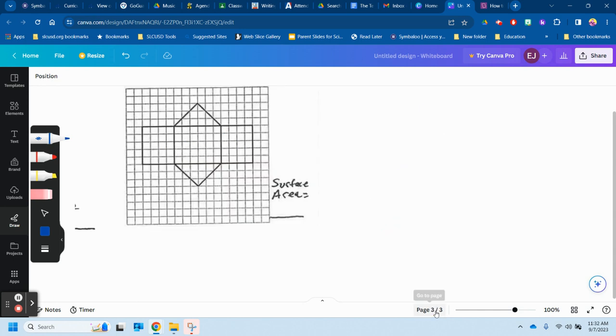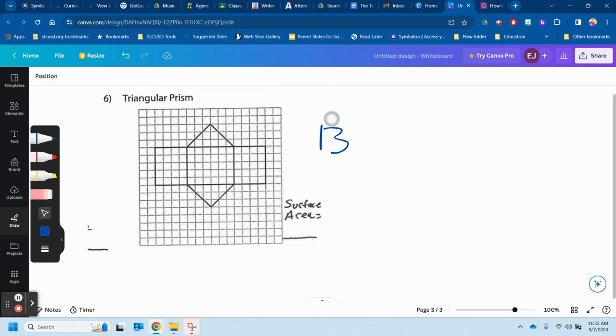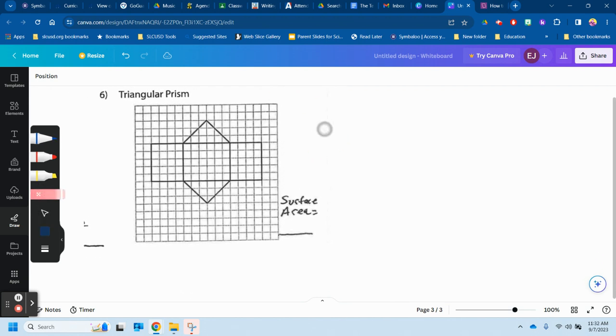Okay. So the third one's a little trickier. I'm going to let you do some of the third one on your own. I'm going to try to keep these videos short. This has a cone top. So I have a bottom, but for the bottom, I don't have a top. The bottom is 6 by 5, but I don't have a corresponding top.